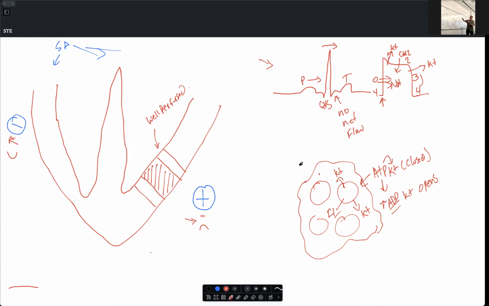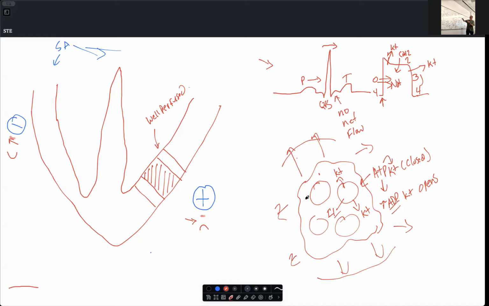So these ischemic and injured tissues essentially are producing a current that is pushing away, it's moving out, right, away from these damaged, dysfunctional myocytes.